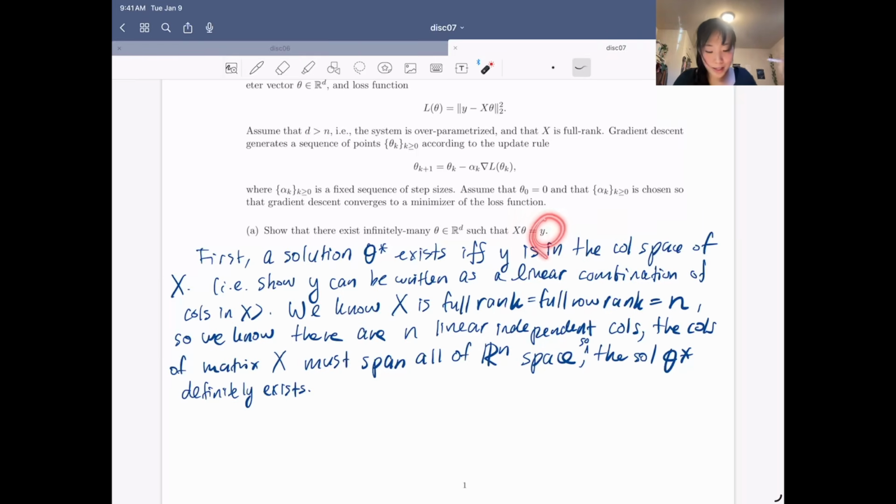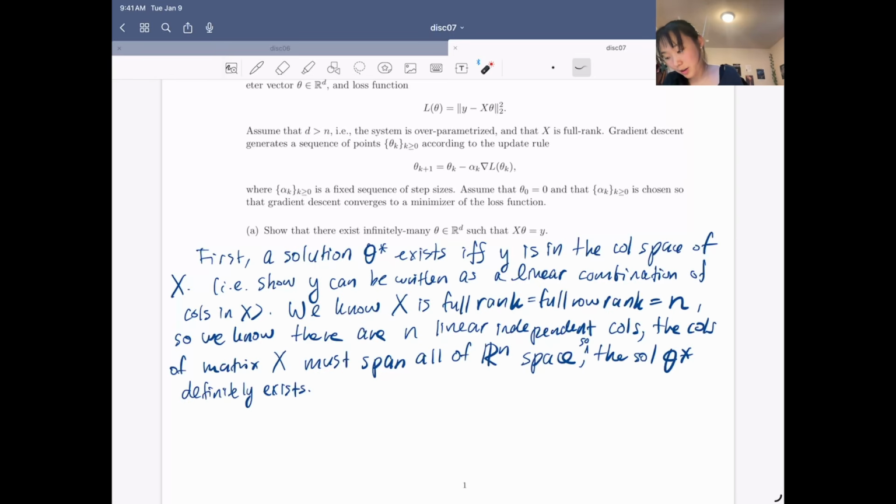And because y is one vector in Rn, this feature matrix multiplied by this theta must be able to reach y, because we can reach all of Rn space through this. So, yes, there must exist some theta such that X theta equals y, because we can map theta to any vector in Rn space and y is in Rn space.